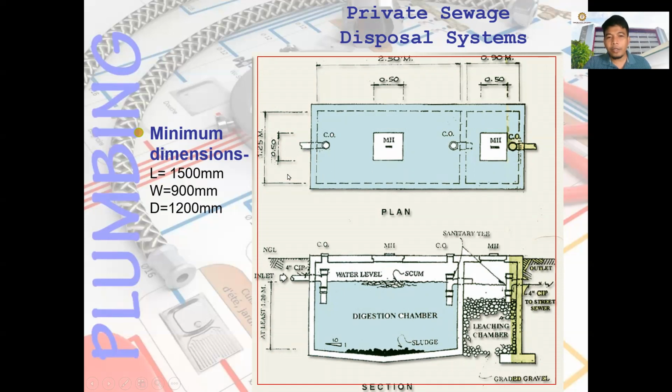The minimum dimensions of a septic tank are: for the length, 1.5 meters or 1,500 millimeters; the width is 900 millimeters or 0.9 meters; and the depth is 1.2 meters or 1,200 millimeters.